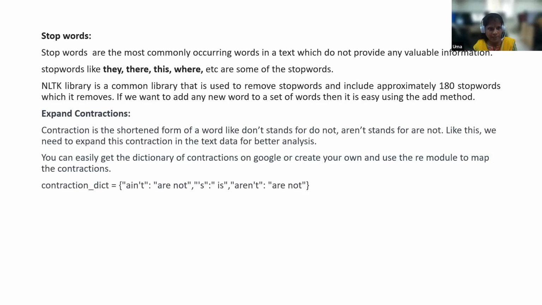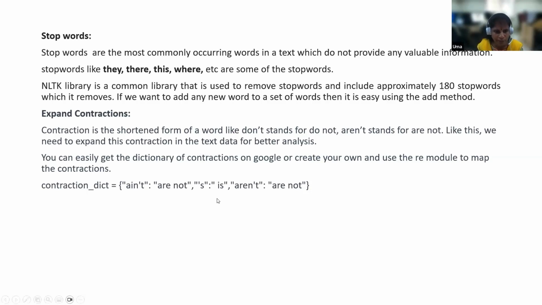Here I start with stop words. Stop words are the most commonly occurring words in a text, which do not provide any valuable information. The examples I have mentioned here, like this, that, is, was, we call stop words. We can use a common library to get the stop words from Google, or we can define our own stop words as a dictionary, as I mentioned here.